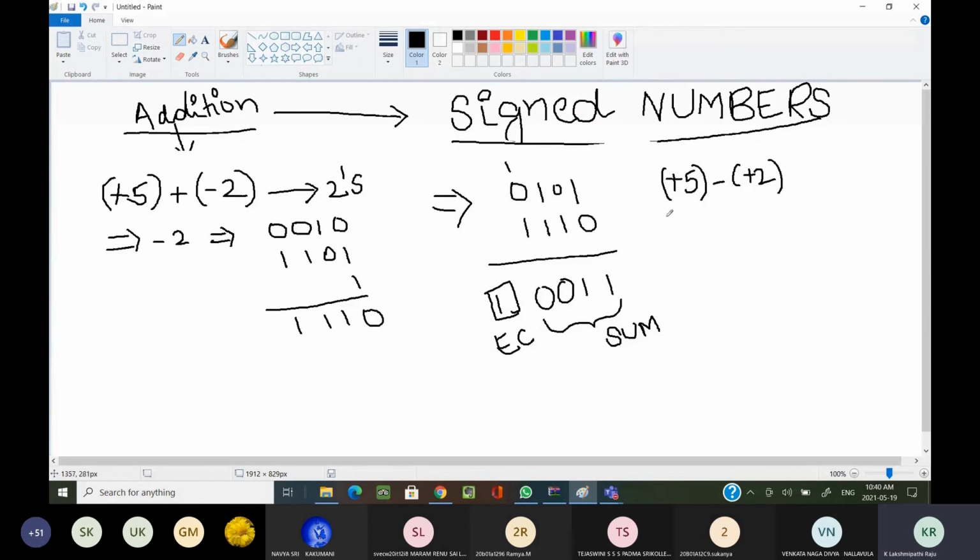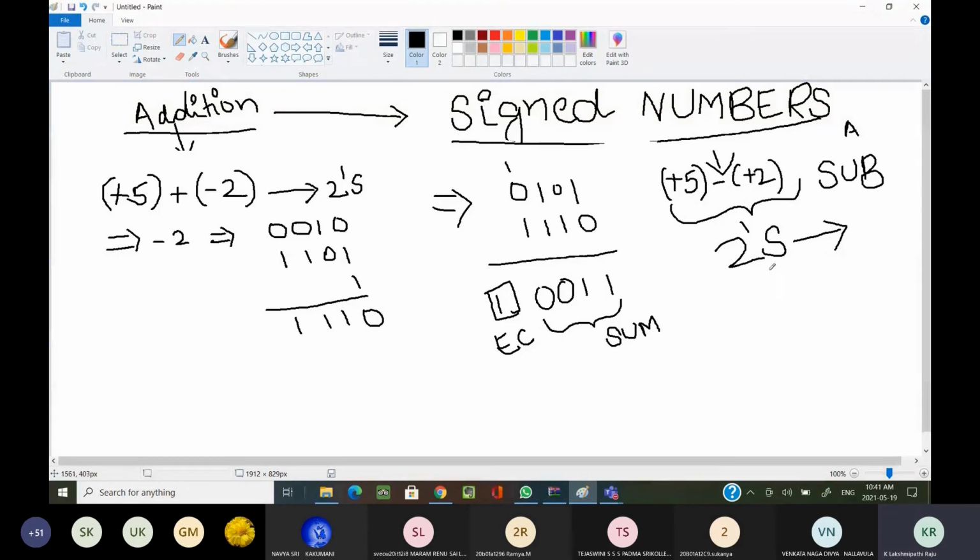Now if you observe this expression clearly, this becomes a subtraction. How are we performing subtraction? The same rules we discussed for unsigned numbers are applicable for signed numbers also. Actually it is a subtraction, and in subtraction also we are not really subtracting, we perform addition only.